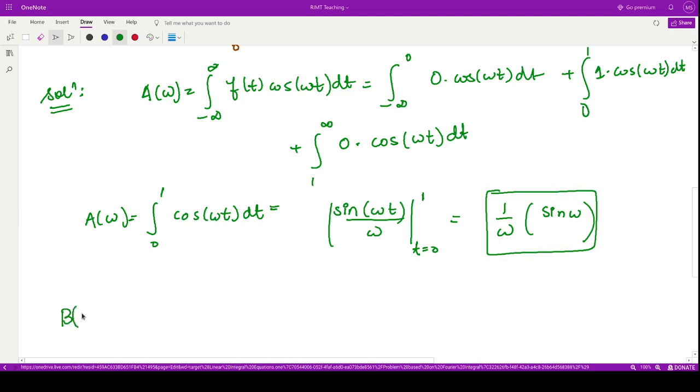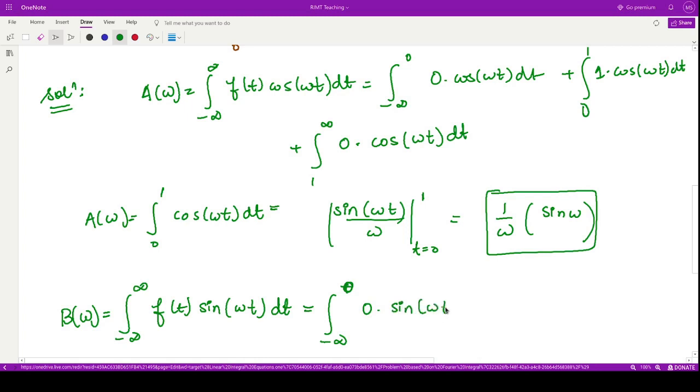Next let us determine B(omega). According to the formula, B(omega) is the integral from minus infinity to infinity of f(t) sin omega t dt. Again I can break this into three integrals. From minus infinity to 0, the function's value is 0 times sin omega t dt.